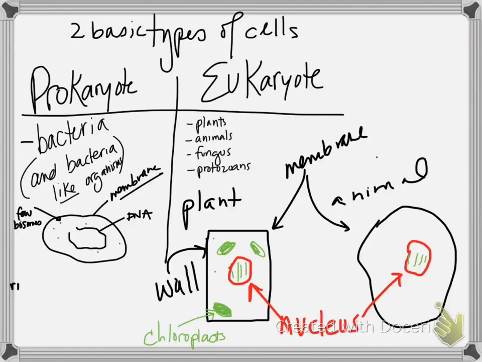Both of these cell types have ribosomes, little scattery bits. And they have all kinds of other things.